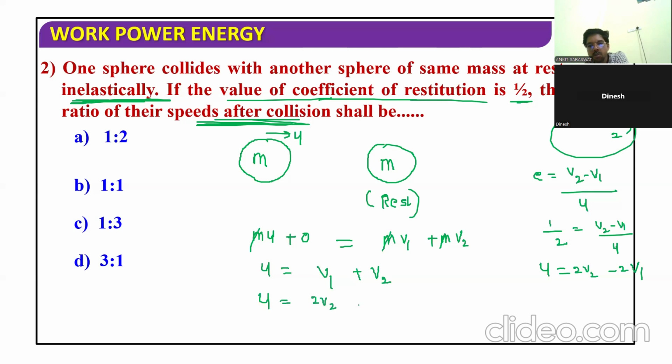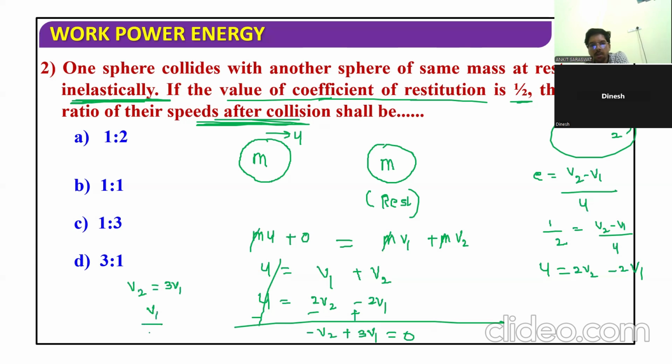Solving, the ratio of their speeds after collision is 1:3.